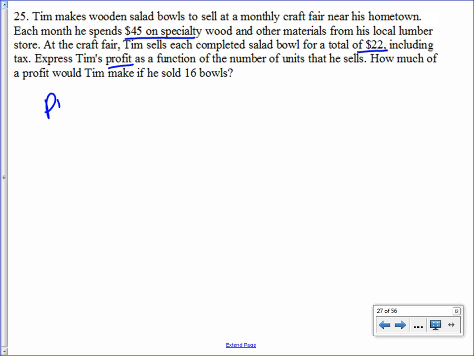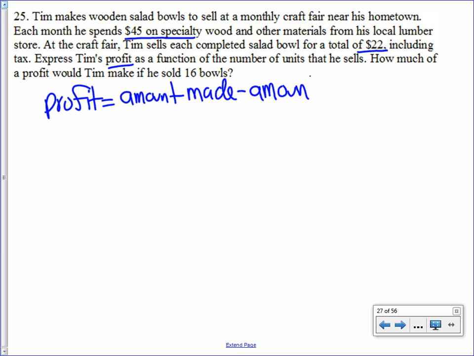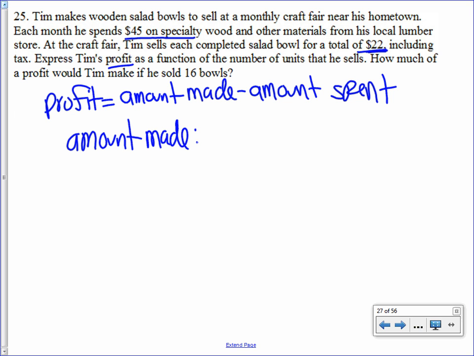Well, profit is the amount made minus the amount spent. So, how much did he make? He's making $22 per bowl. So that's 22x.